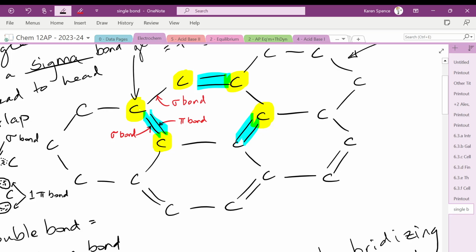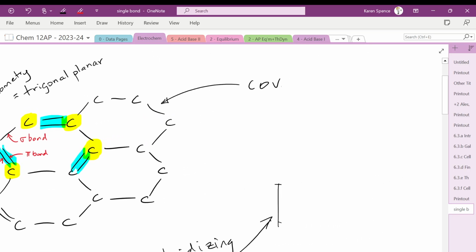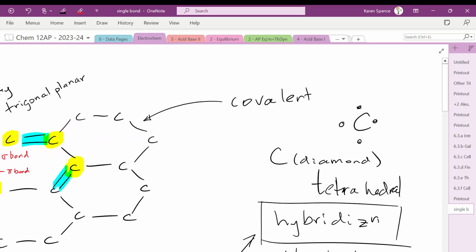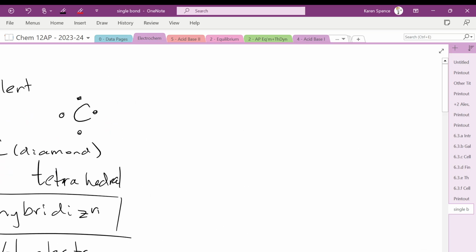Anyway, when you have these alternating single double bonds, what can they do? They can form a ring thing. Just like, do you remember benzene? I'm just going to draw benzene because it's easier to see, because this is really complicated. Okay, so here is benzene.